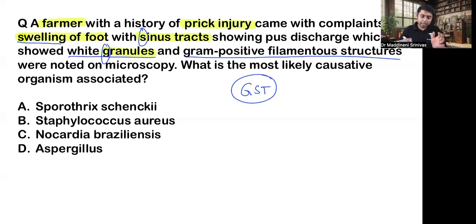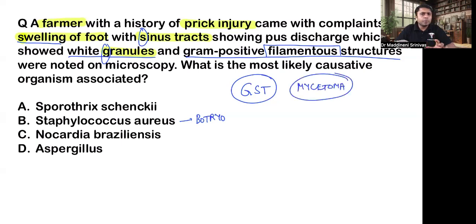Okay, but please remember, in botryomycosis, which is due to Staph aureus, we are going to see gram-positive organisms, but filamentous structures are not going to be seen. Okay, because filamentous was mentioned, so the diagnosis here is going to be mycetoma.